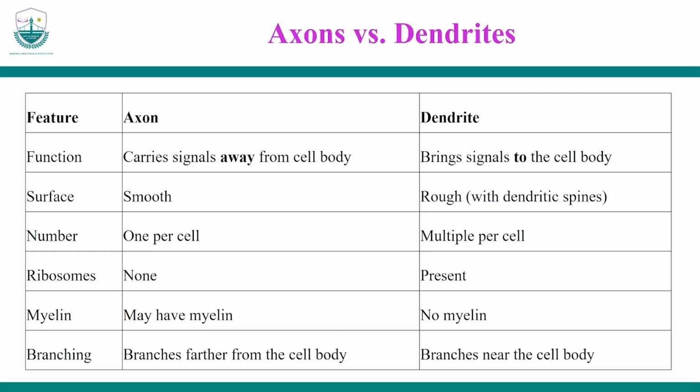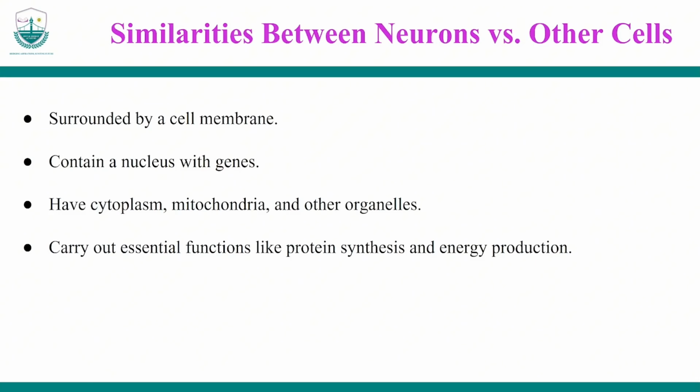You have the myelin sheath on the axons. It's not all the time that you have the myelin sheath there. With the dendrites, you don't have the myelin sheath. The branching: the axon branches away from the cell body, and then the dendrites branch near the cell body.